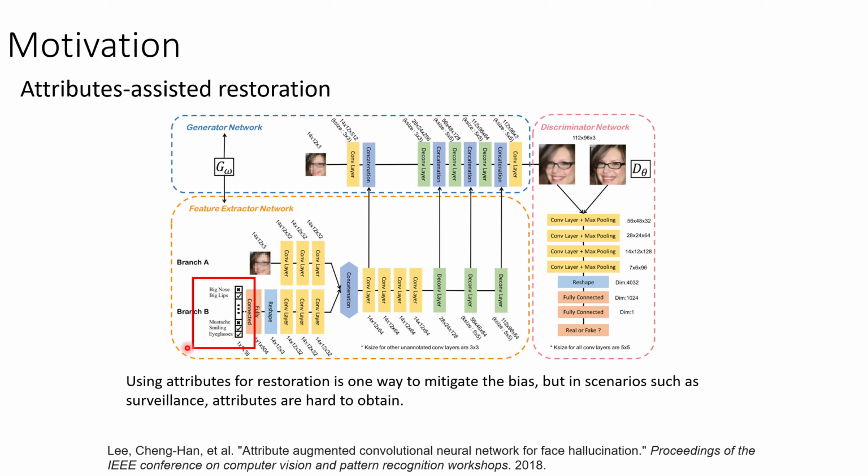The attributes are like your gender, your age, your skin color, your race, whether you wear glasses, whether you are smiling or not, whether you have a mustache or beard. These high-level features are what we call attributes of each face.